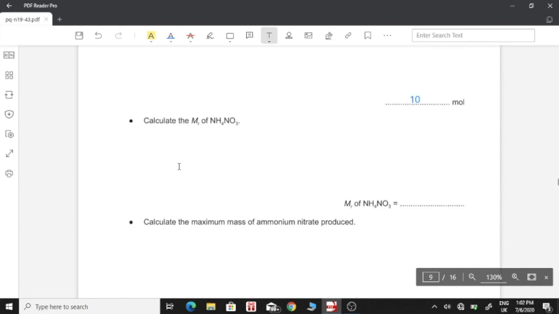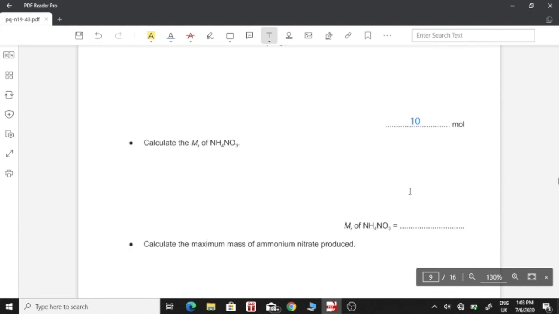Calculate the Mr of ammonium nitrate. We add the molar mass of all of these atoms. We have 2 atoms of nitrogen, so we'll be multiplying 2 with the molar mass of nitrogen.